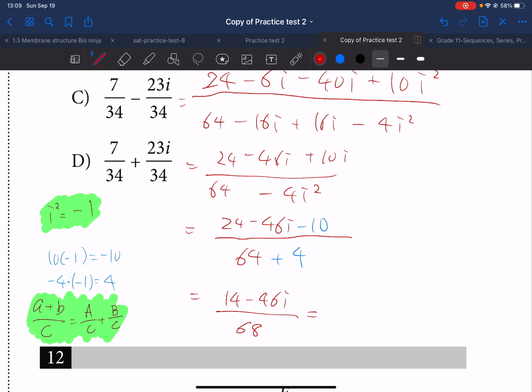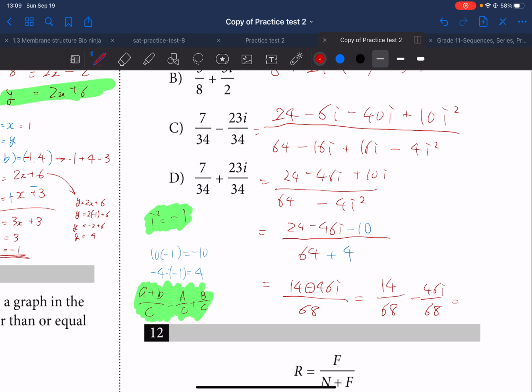So that you can write it as 14 over 68 minus, because it's minus right here, 46i over 68, right?